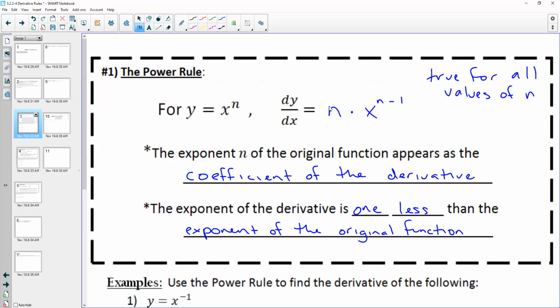Okay, so that is basically just paraphrasing, or putting into words, what is actually happening for the power rule up here.